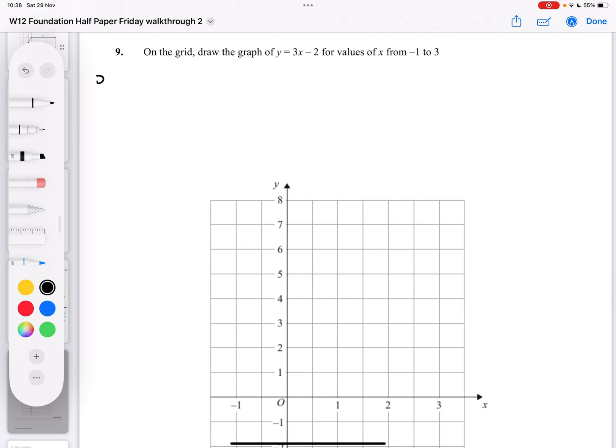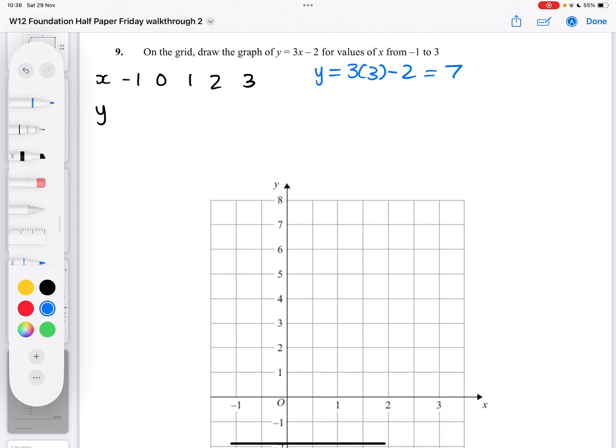So I'm going to use the values given to me of -1, 0, 1, 2 and 3. And I'm going to fill in my own table of values by substituting the value of x into the equation. y equals 3 3's minus 2 gives me the value of y when x equals 3.